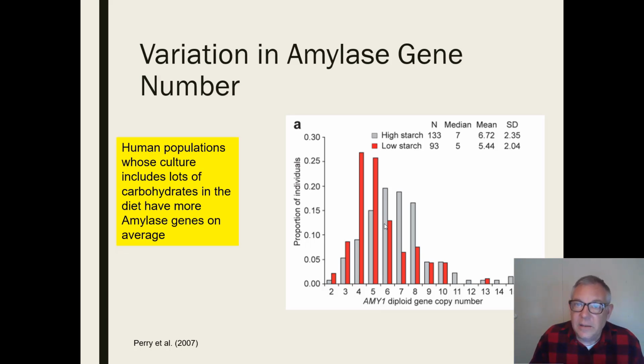The idea is that those organisms were domesticated or live with humans, and we discard a lot of carbohydrates. And so there was an advantage to being able to digest carbohydrates. And so those that got those extra genes stuck around.